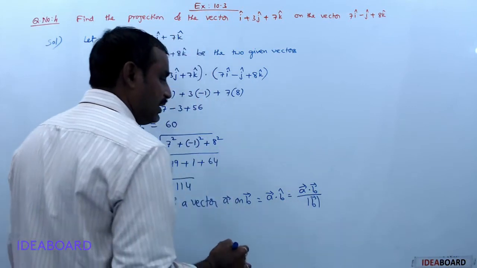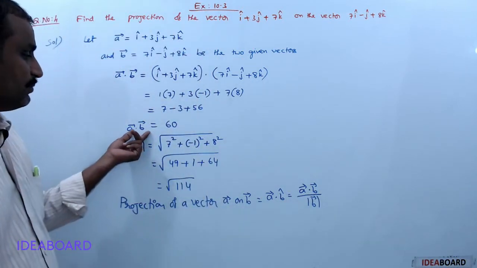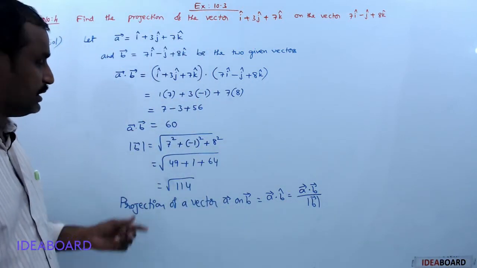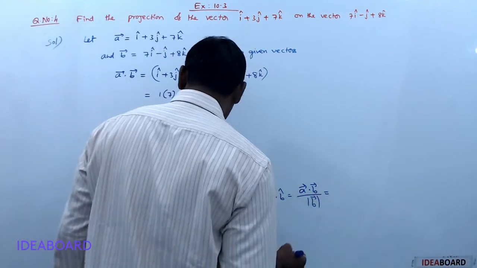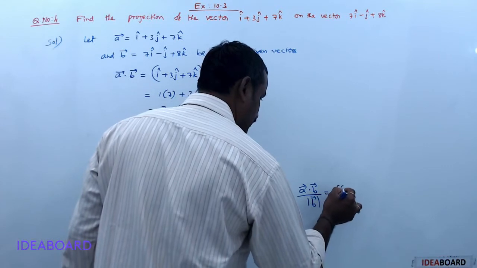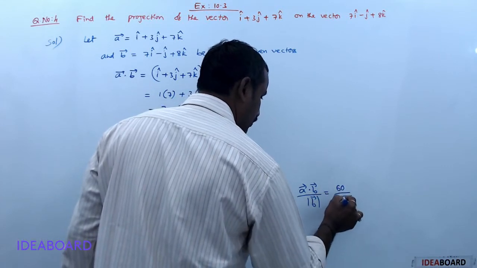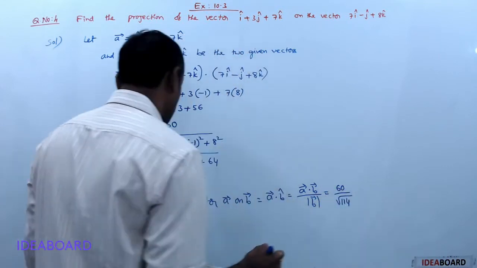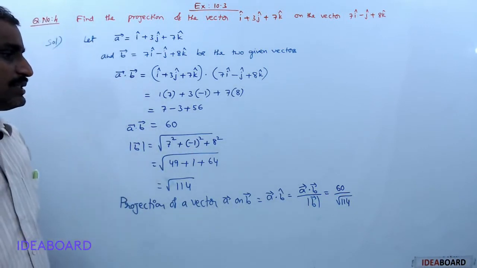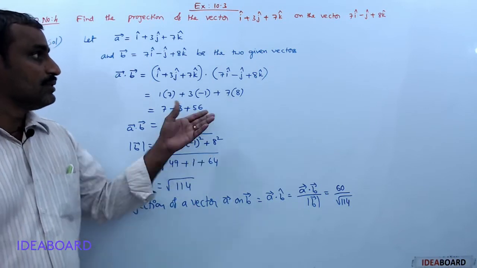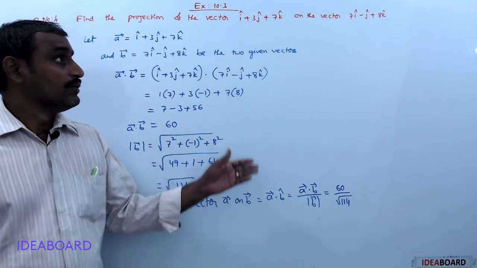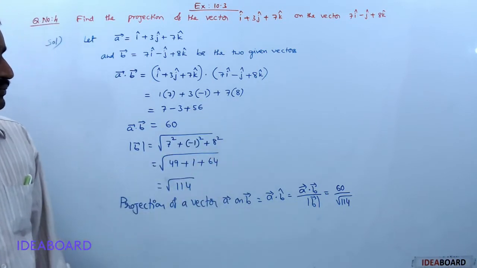We know the value of a bar dot b bar and the magnitude of b bar. Substituting these values here, you will get the result: 60 by root 114. This is the required solution for this question. Note down this solution and we will discuss the next question.